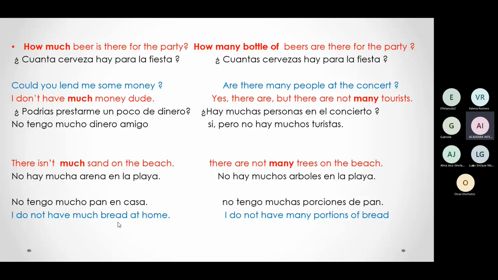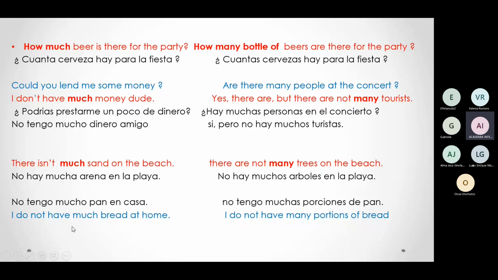Well, in Spanish we say panes, but in English it's incorrect. So we can say, I don't have many portions of bread in my house. I have to use this word, portions of bread, but I'm not going to say I don't have much or many breads. That sounds a little bit weird.